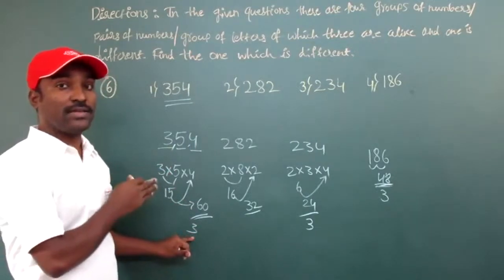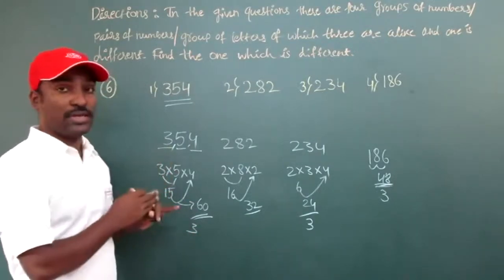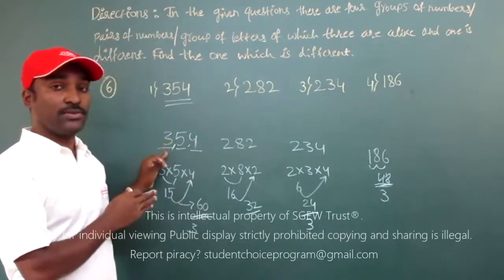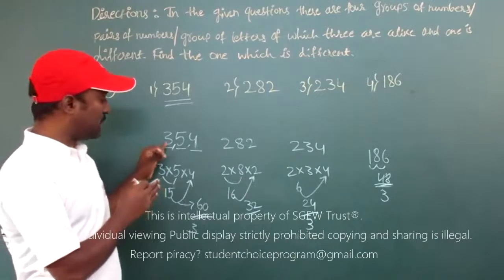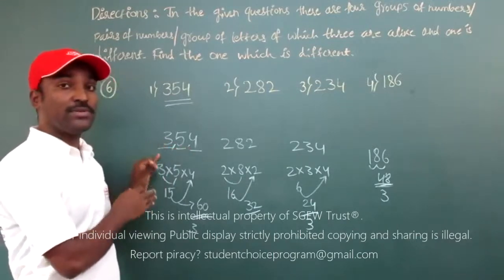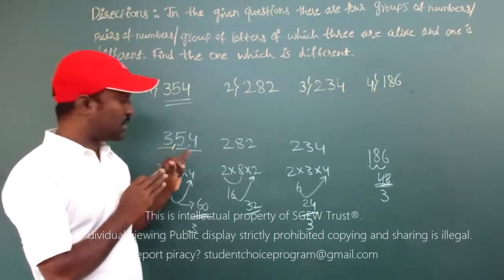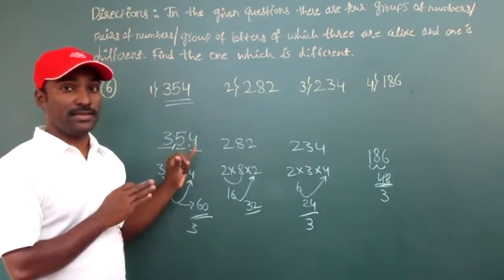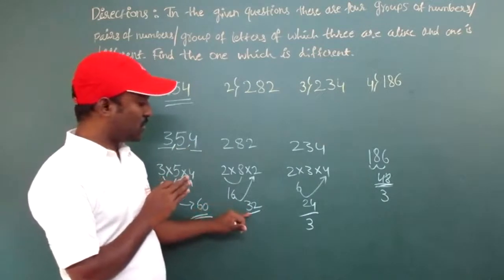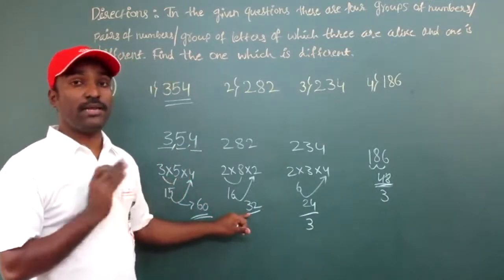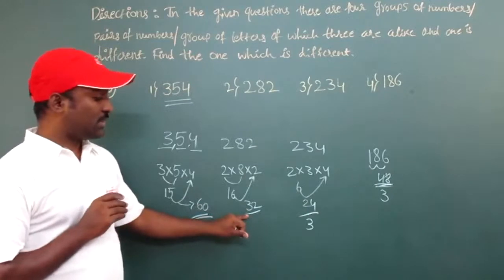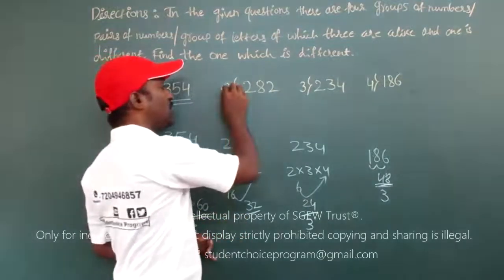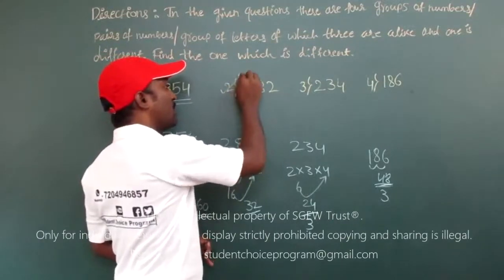So that is the relationship between those three numbers. And for 282, the digit multiplication we obtained, 32, cannot be divided by 3. That's why this is the right option. The different one is going to be the right option.